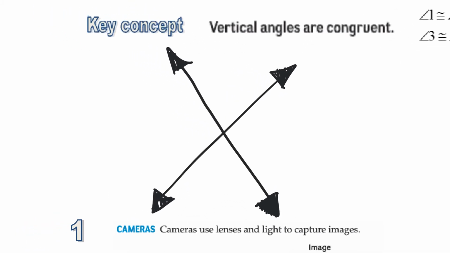Okay, so what I'm going to do is name these four angles. We have angle 1 right here, angle 2 right here, angle 3 right here and angle 4 right here.